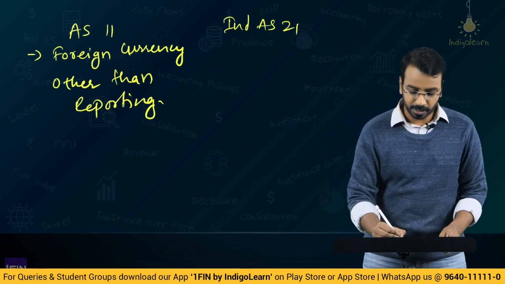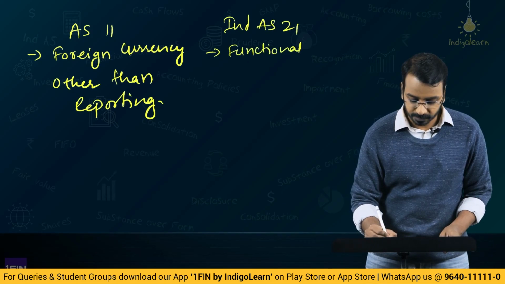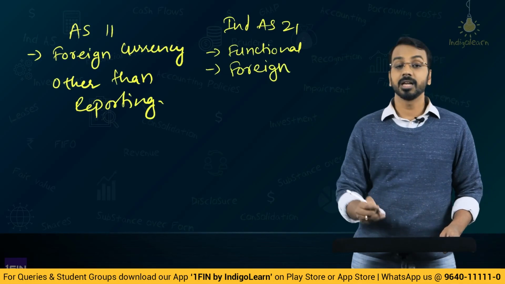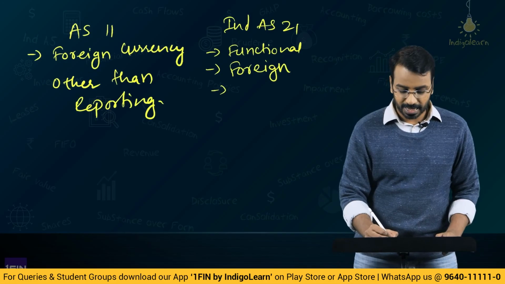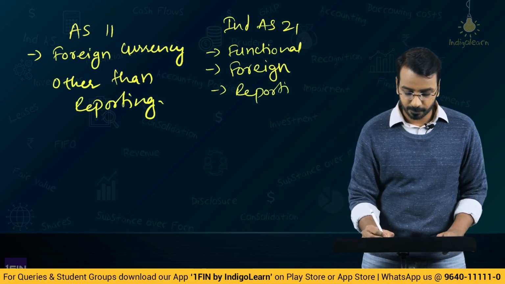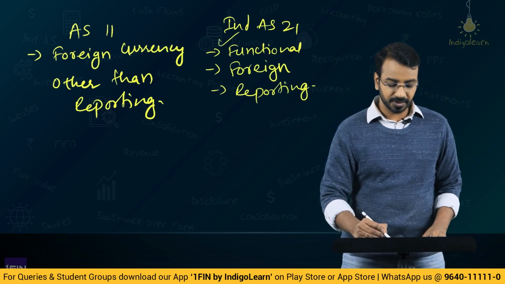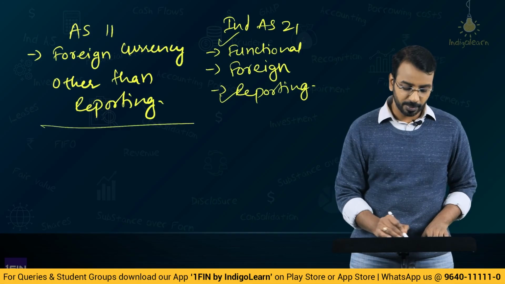Whereas under Ind AS 21, we have this concept called functional currency. Then we have a concept called foreign currency. Foreign currency is a currency other than the functional currency, and then we have the reporting currency. Okay. So, it may be possible that the functional currency is different and the reporting currency is different under Ind AS 21. This is the fundamental difference.